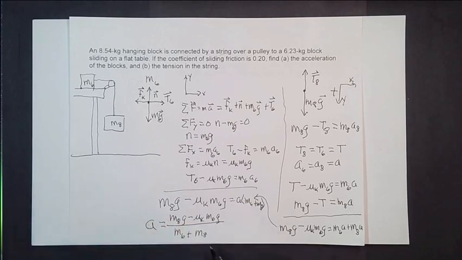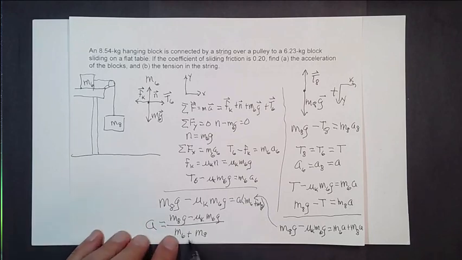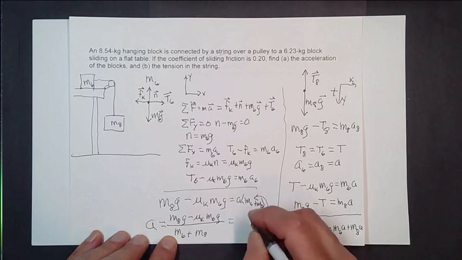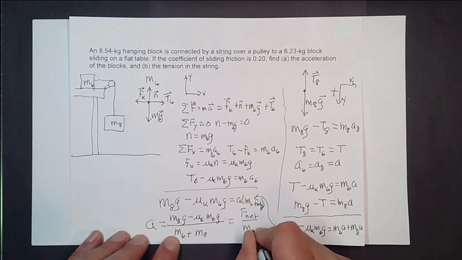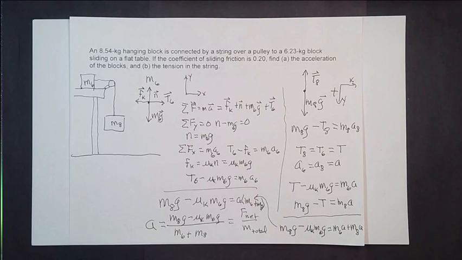The total mass that's being accelerated is the sum of those two masses. So what we actually have here is kind of a net force on top and a total mass on the bottom. So that expression makes sense.